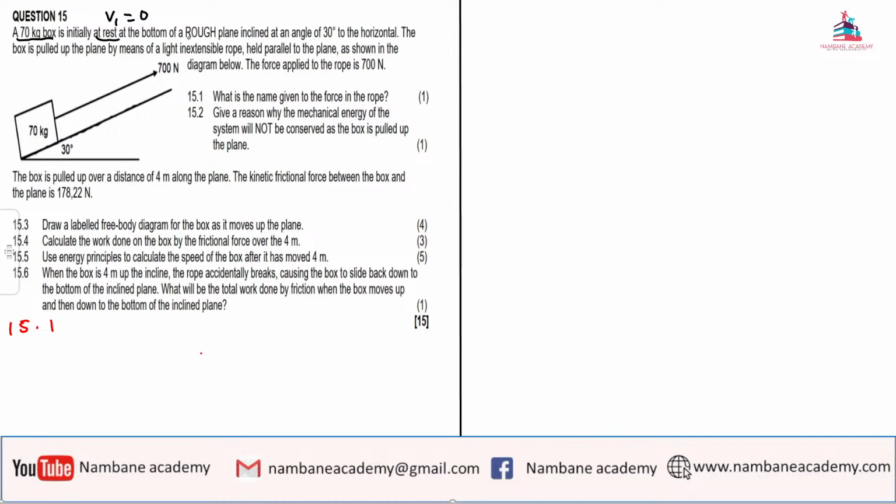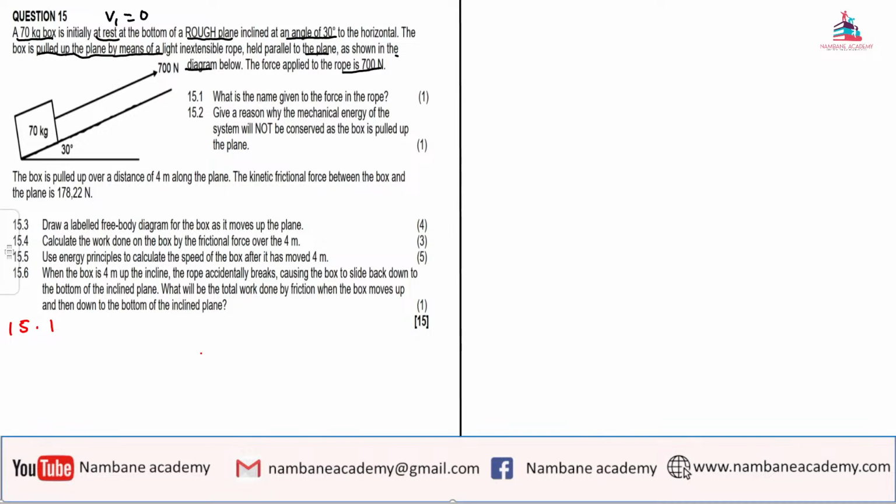At the bottom of a rough plane, meaning there's friction, at an inclined angle of 30 degrees to the horizontal. The box is pulled up the plane by means of a light inextensible rope held parallel to the plane as shown in the diagram below. The force applied now is 700 newtons. Now, look at 15.1. What is the name given to the force in the rope?